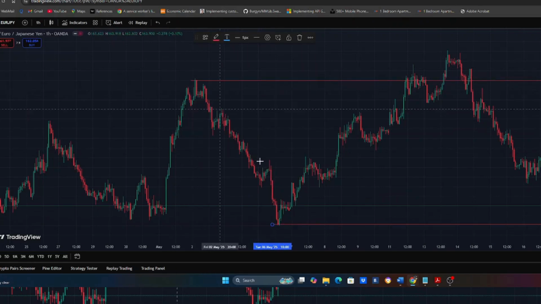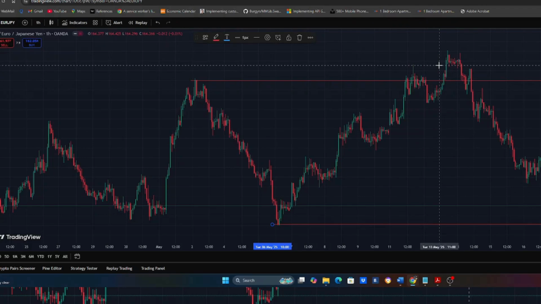This is your resistance level, this is your support level. But now here's the catch: the price went here and then eventually gave you a wick and then eventually gave you a fake breakout. So now we want to avoid situations like this, like entering too early, right?